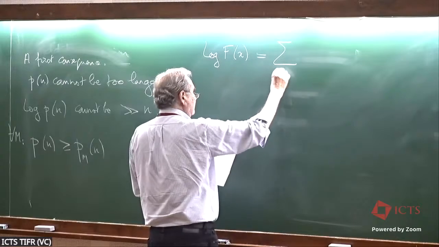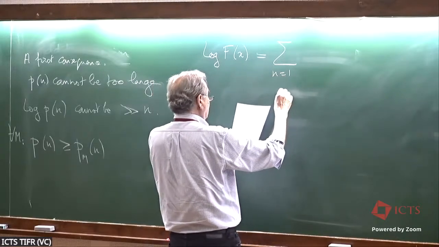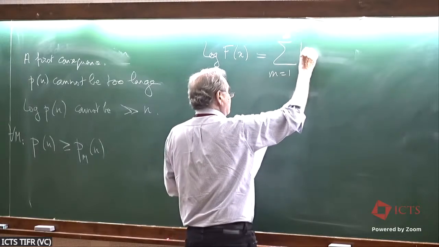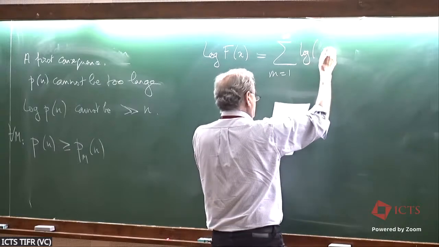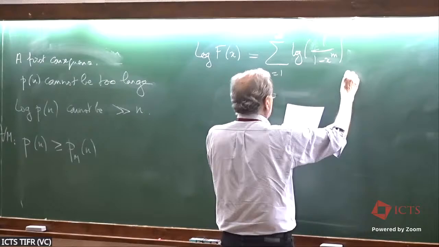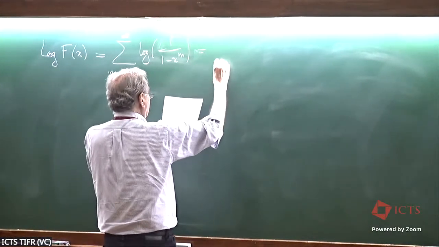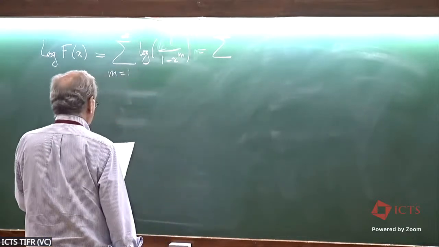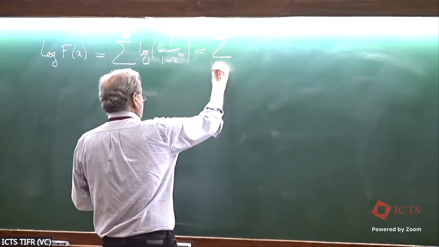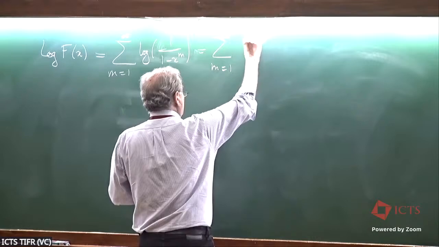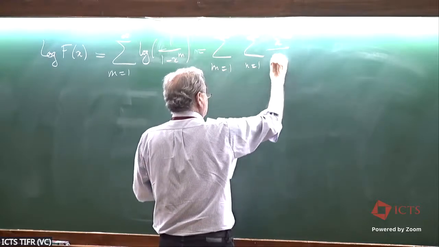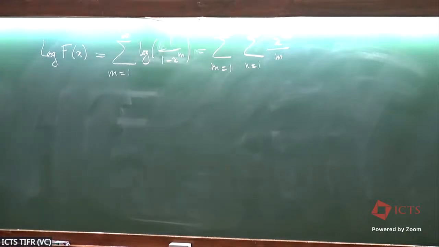This is the sum when m is equal to 1 to infinity of log of 1 over 1 minus x^m. Now let us say this is the sum from m equal to 1 to infinity, and then the sum from n equal to 1 to infinity, where I develop the log in powers x^(nm) divided by n. Since x is smaller than 1, I can develop that.